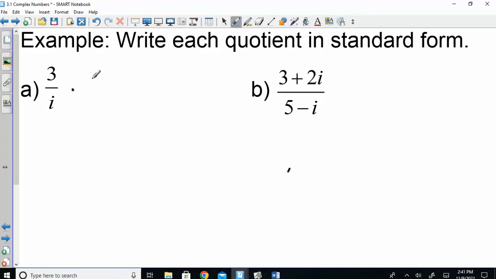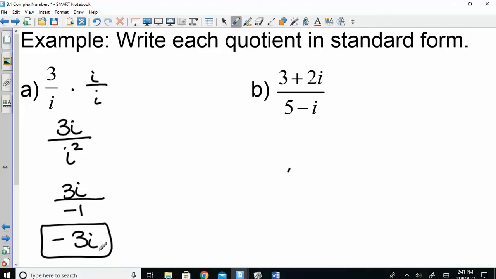Now, we can't change the problem, so whatever you do on bottom, you have to do on top. So we get 3i over i squared. What's i squared? Negative 1. So 3i divided by negative 1 is negative 3i. So that would be my standard form.